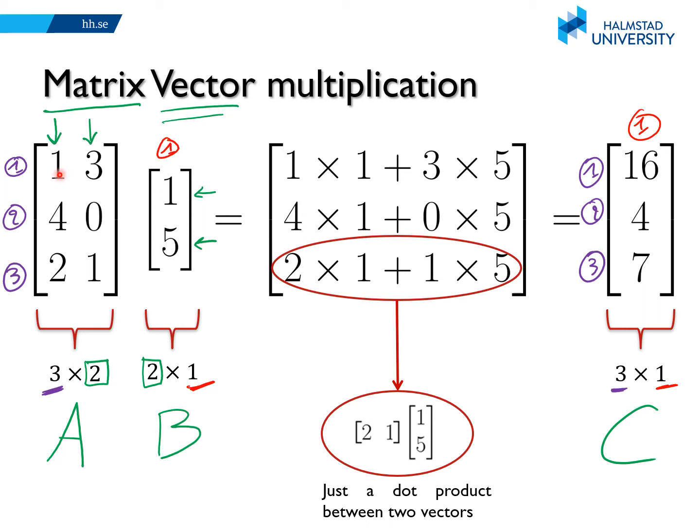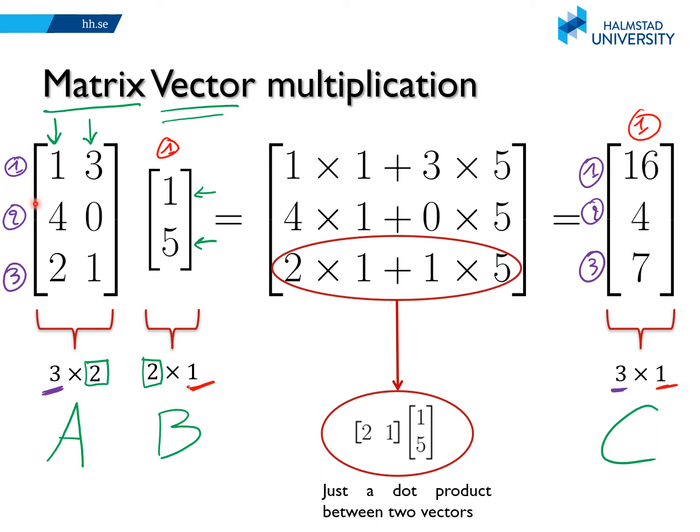To do this multiplication, you just compute the dot product between each row here and this column. So 1 times 1 plus 3 times 5, this row by this column, gives you 16. That's the first row by the first column.